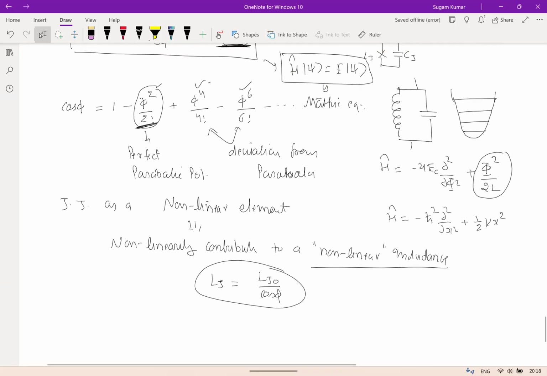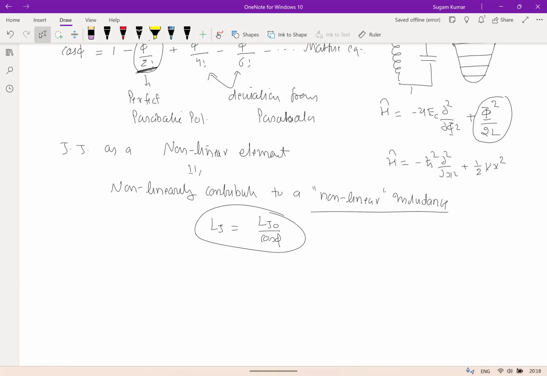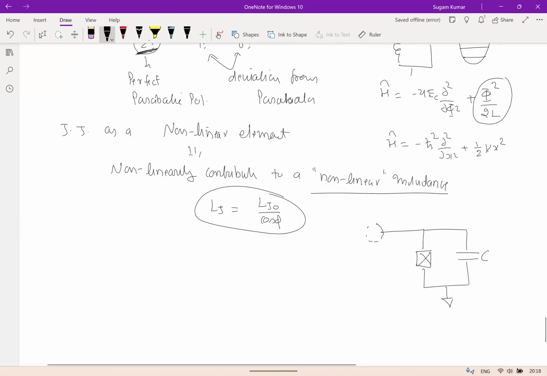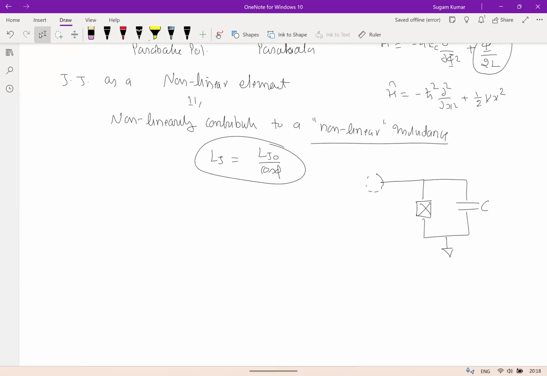This is the basic circuit diagram: you have one Josephson junction in parallel with one coupling capacitance. And here something we will talk about tomorrow. So this is the basic structure for all types of superconducting qubits.